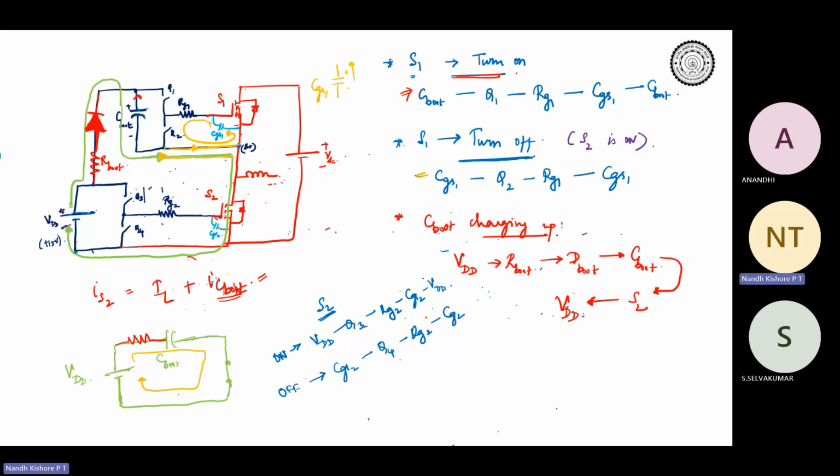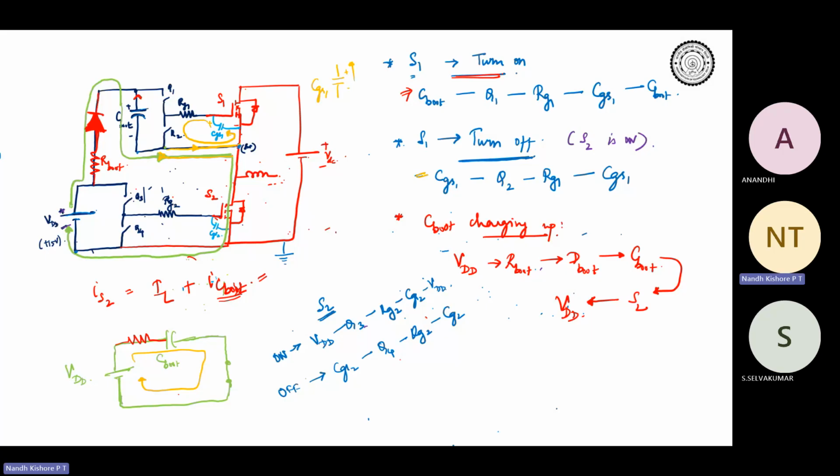So indirectly we have got some kind of isolation. You have been able to charge up C boot from VDD, and C boot is with respect to a totally different potential. So that is the beauty of bootstrap gate driving, that you're able to use only a single gate driver supply just to drive both S1 and S2.